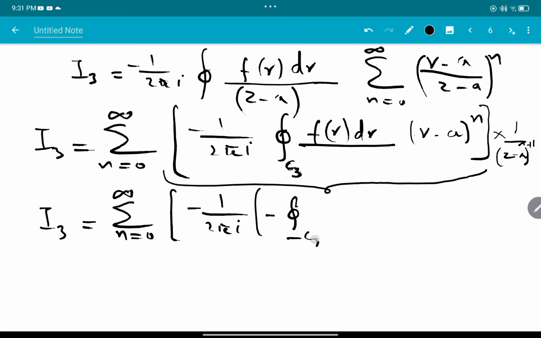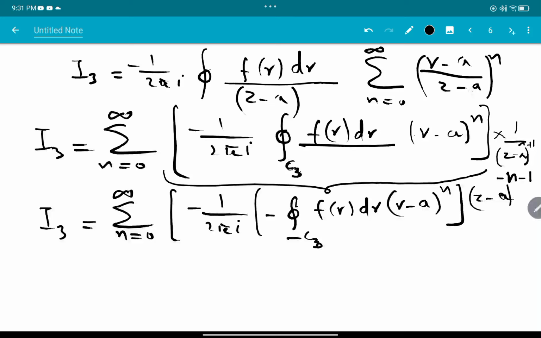Instead of C3, I write minus C3, that means you are traversing it in opposite order. f gamma d gamma into gamma minus a raised to n, and then I lift up z minus a and write minus 1 minus n. This was n plus 1 here, n plus 1 here.